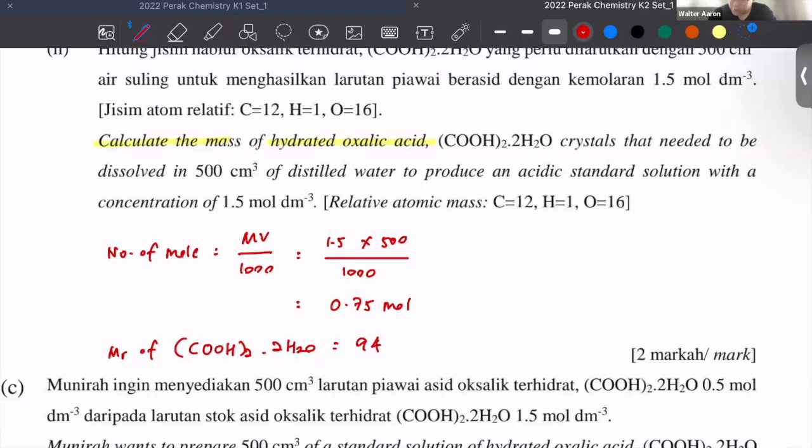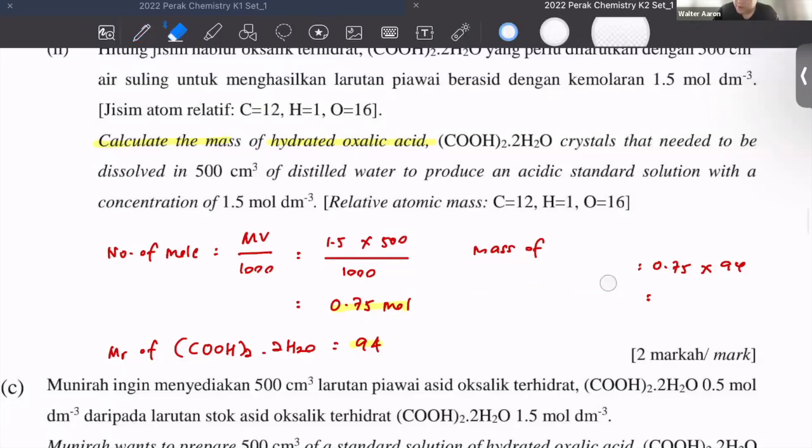So right now, you have your number of mole already, right? And also the relative molecular mass. What we can do now is to get the mass. So mass of (COOH)2.2H2O will be 0.75 multiplied by 94. They get 70.5.